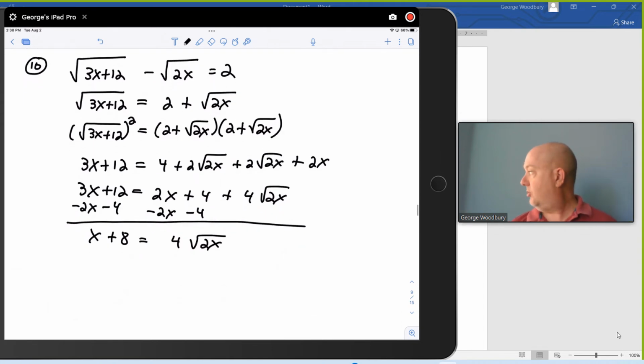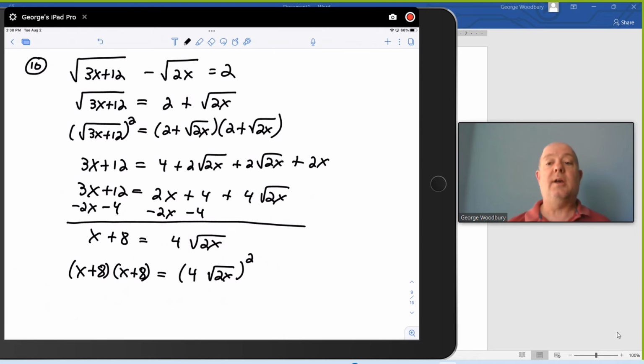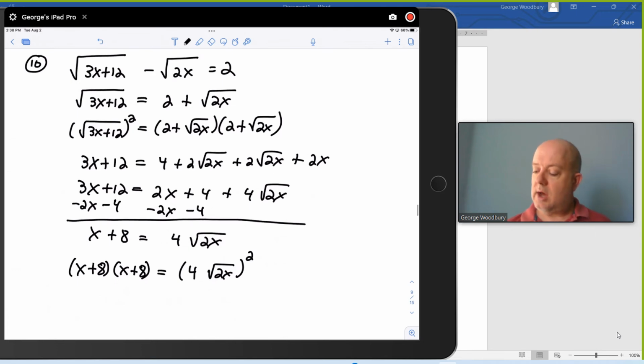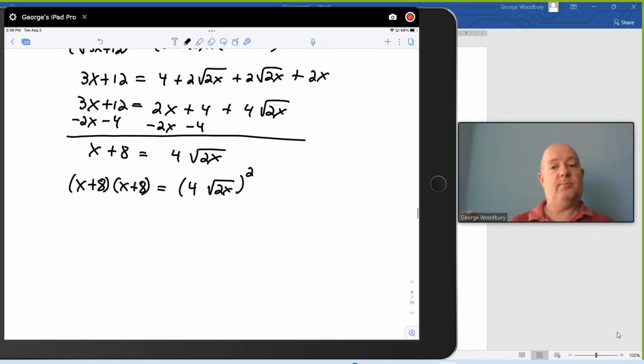So I'm going to square both sides. On the left-hand side, that's going to be x plus 8 times itself. On the right-hand side, when I take 4 root 2x and square it, I'm going to square each of those factors, so I'm going to square the 4 and the square root. On the left-hand side, distribute, collect like terms.